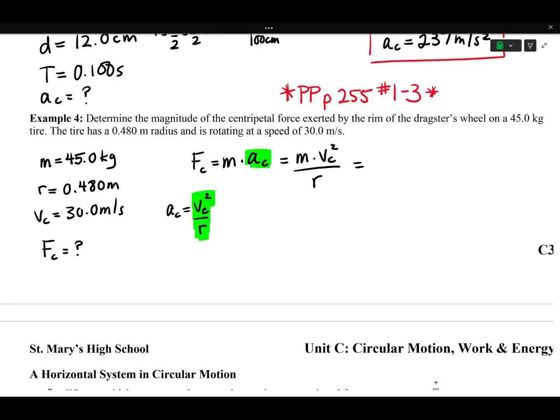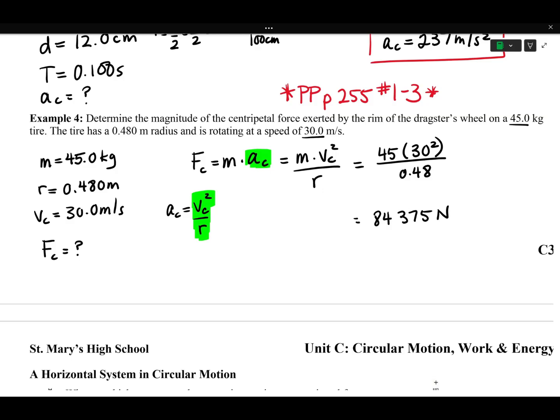So now I just have to plug everything in. This is going to become 45 times 30 squared all over 0.48. If you plug that into your calculator, you're going to get 84,375 newtons.